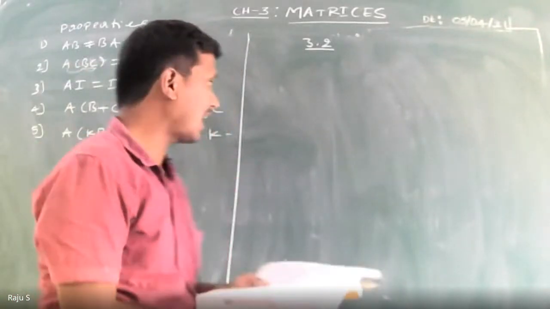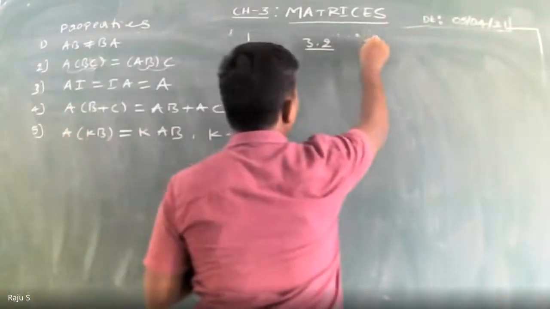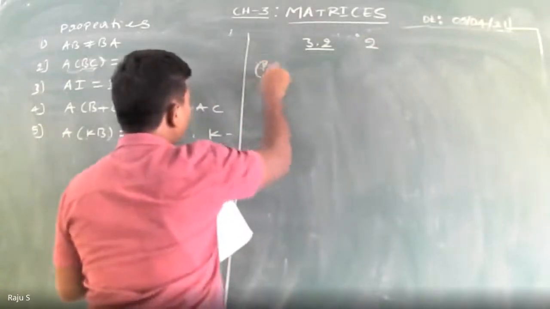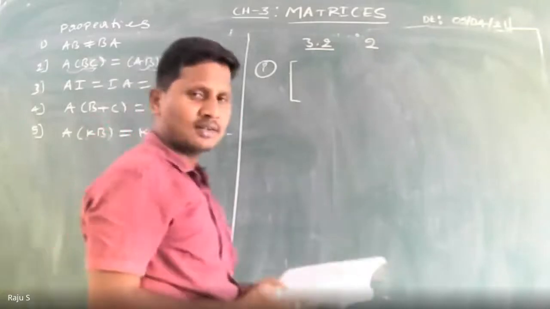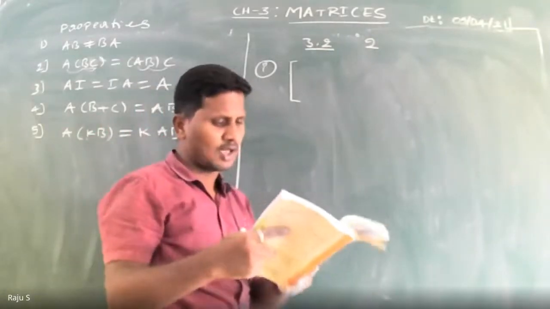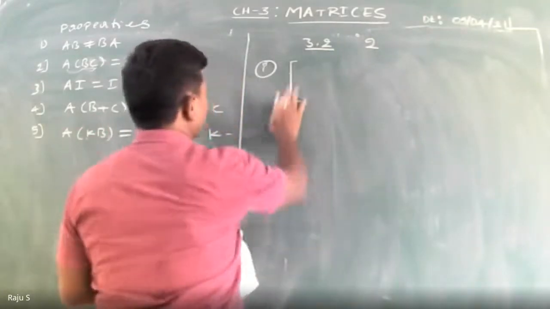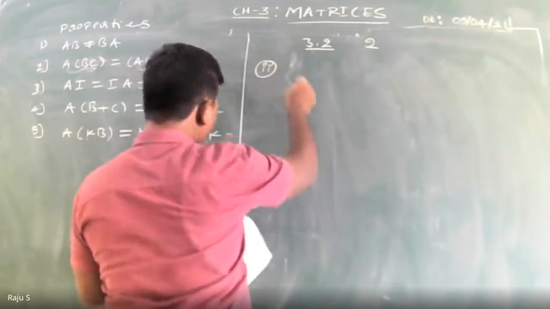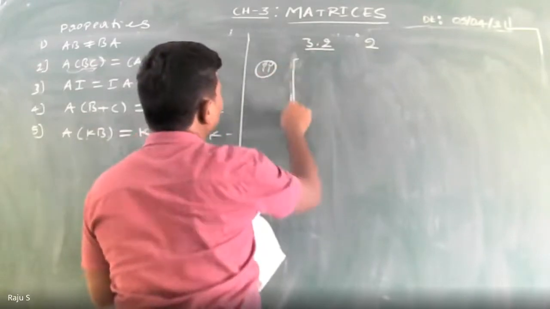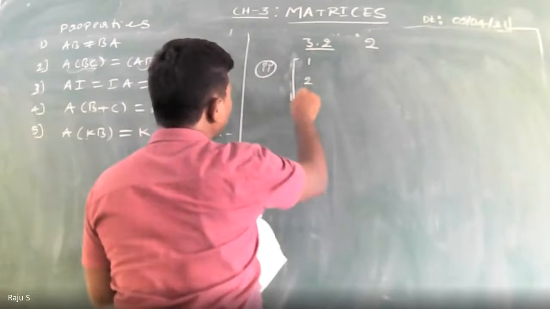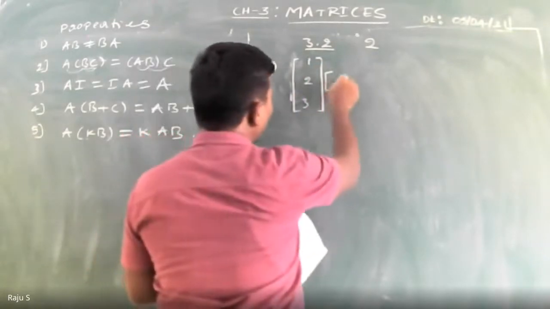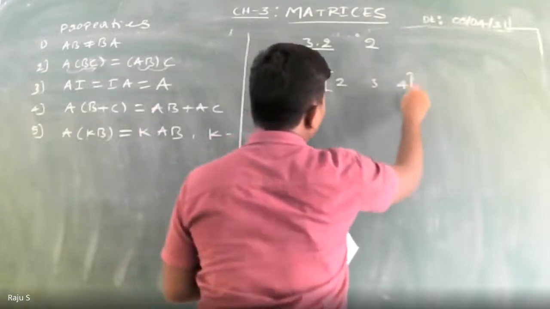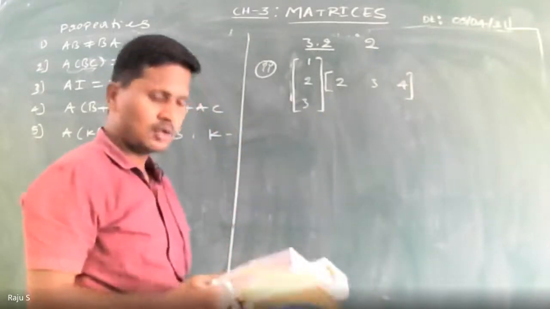In the second question, you can try the first subdivision, the 2 by 2. I am going to do the second subdivision. The second subdivision is clearly 1, 2, 3 and 2, 3, 4.